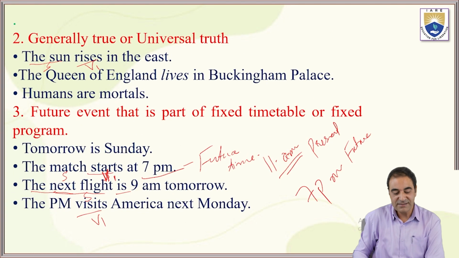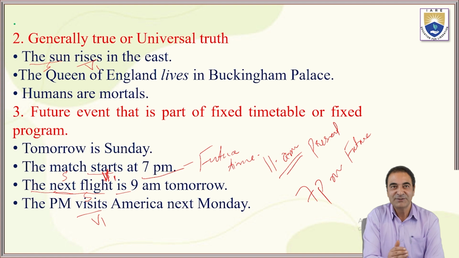Now look at this third usage. I told you that we use simple present tense to express an action that's part of a fixed timetable. But in the definition, I told you something different, that the time of action must be present.